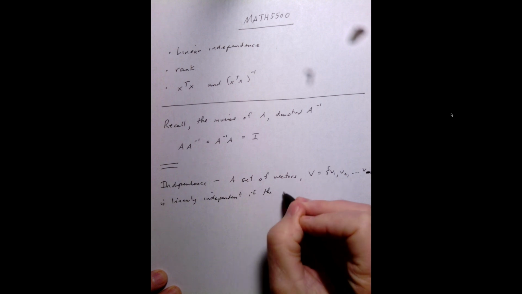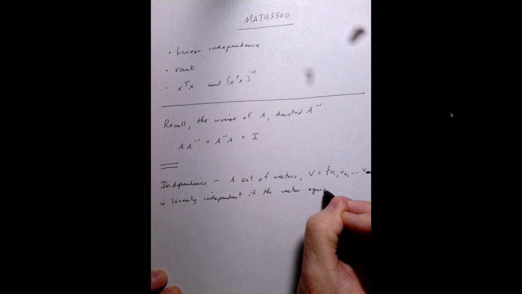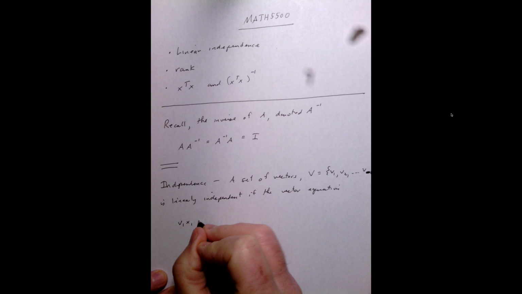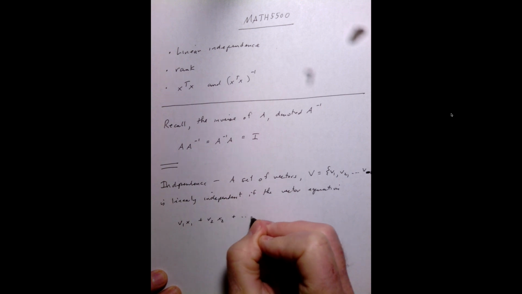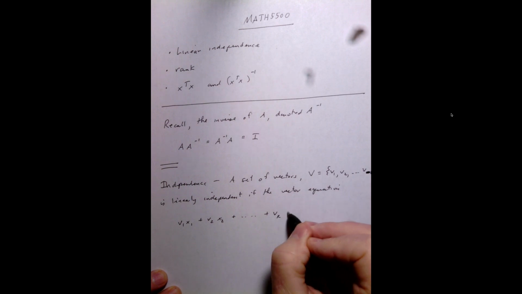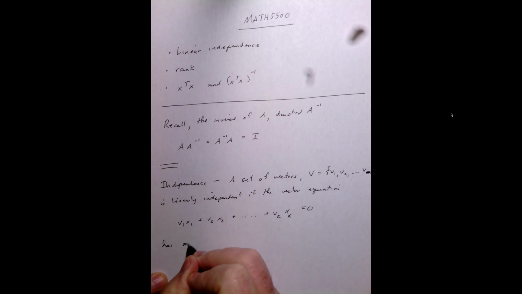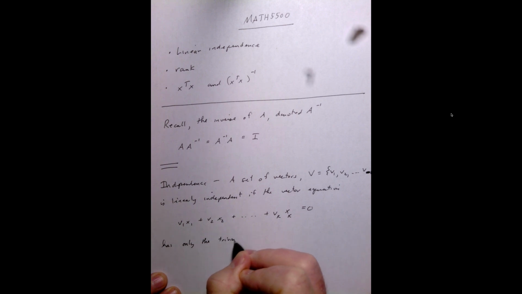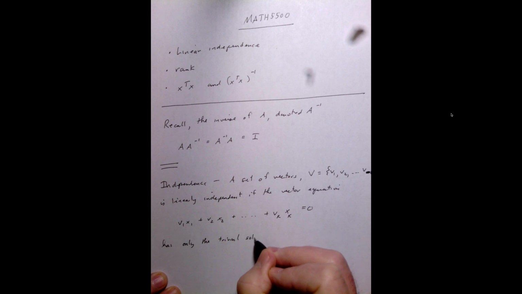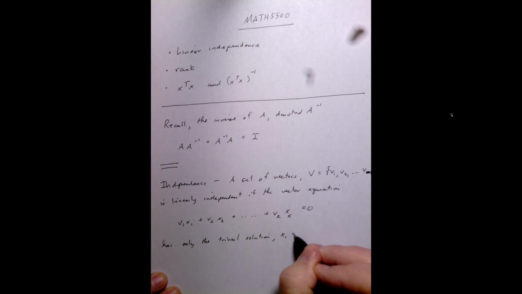If the vector equation, so again, looking at this, we have v1 times an x1 plus a v2 times an x2 plus a vk times an xk is equal to 0, has only the trivial solution, x1 equals x2 equals xk is equal to 0.